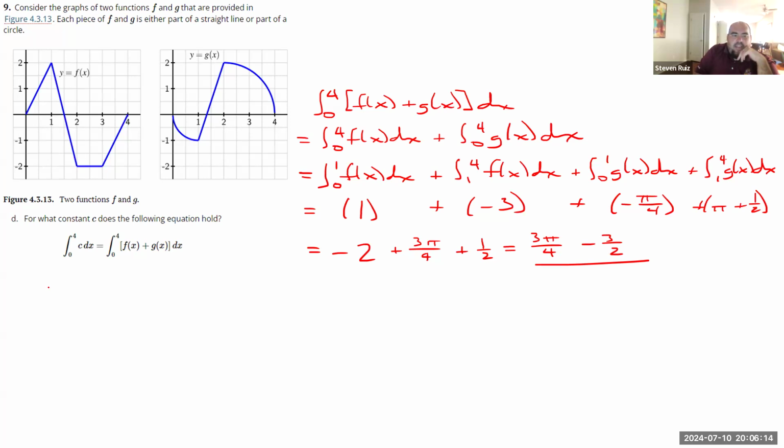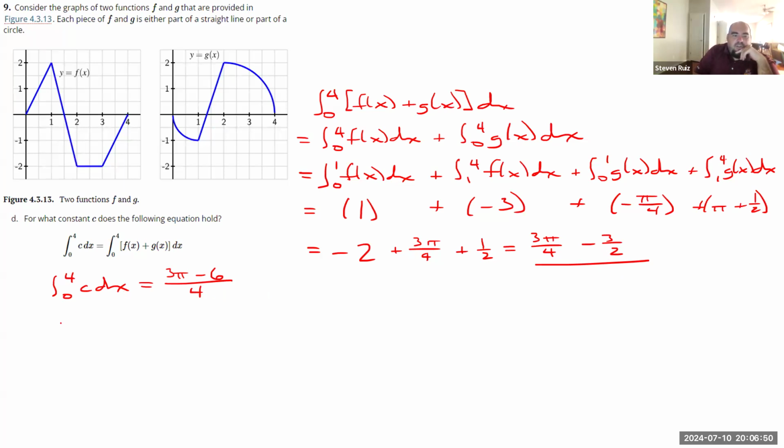So now I want to answer this, or let's just re-express what we have here. The integral from 0 to 4 of some constant c dx is equal to 3 pi over 4 minus 3 halves. Let's find a common denominator. So 3 pi minus 6 all over 4. So what is the integral of a constant over some interval?